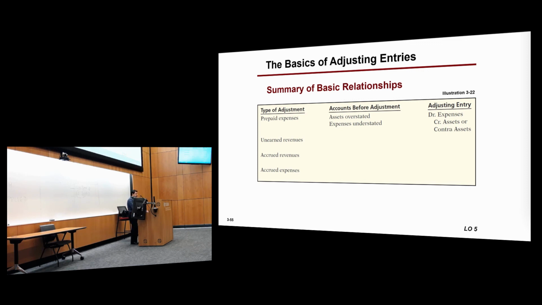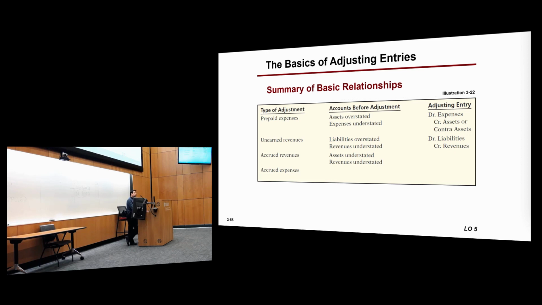When we have unearned revenues, we have liabilities overstated and revenues understated. So you need to recognize the revenue and say that now we have less unearned revenue. You debit the liability and you credit revenue. Accrued revenues: you have both assets and revenues understated.